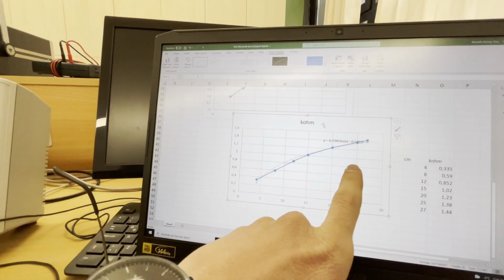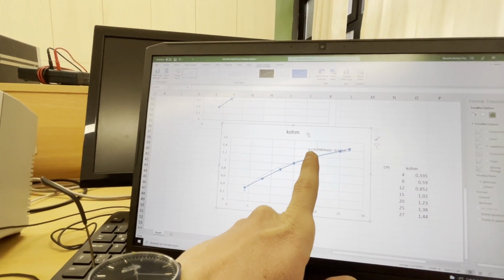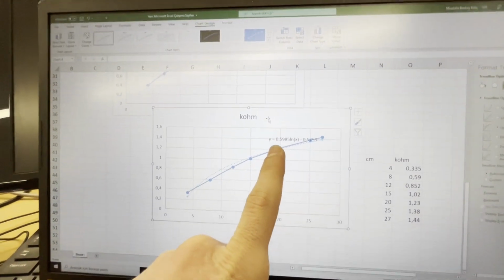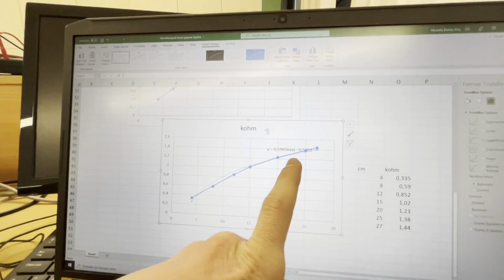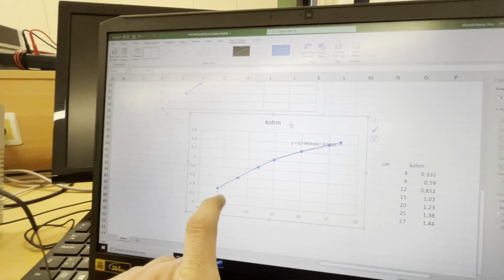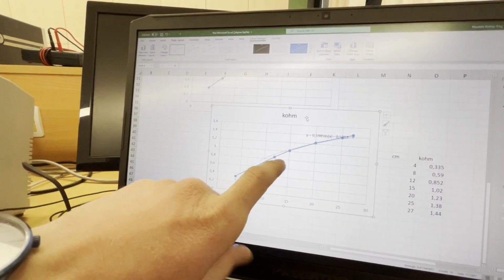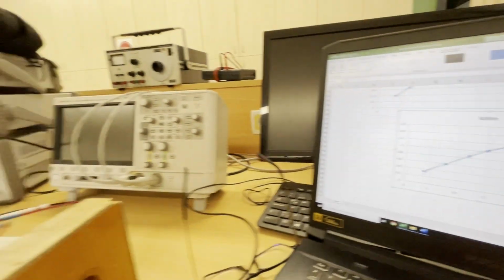And as you can see, the relation between the resistance and the distance is logarithmic. We have a logarithmic equation here, and it goes like a logarithmic equation. Now, by using this equation, I will try to measure distances.